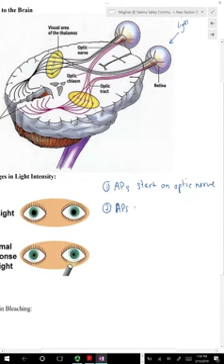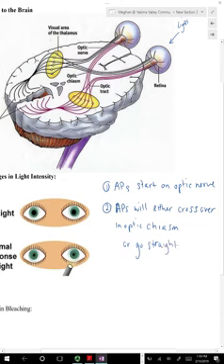The APs will either cross over in the optic chiasm or go straight to the thalamus, where they'll synapse.